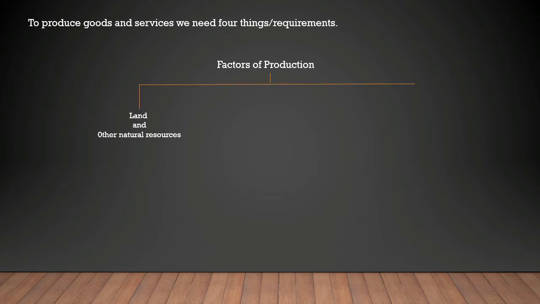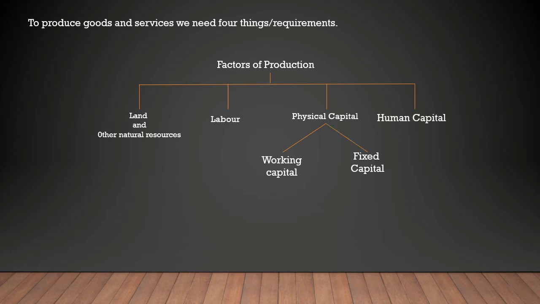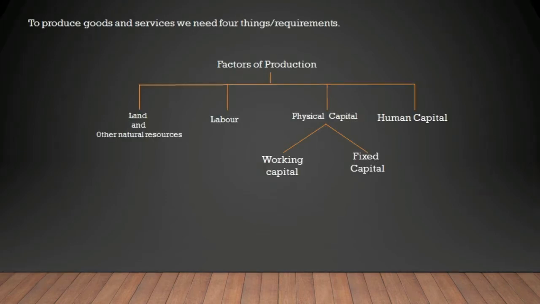The first we have land and other natural resources like water. Then we come to labor. Then we have physical capital. This physical capital includes your working capital and fixed capital. And then finally we have human capital.